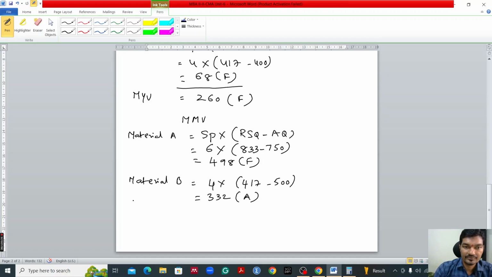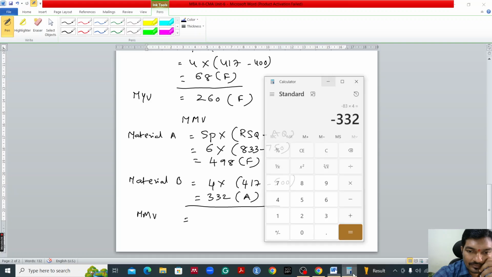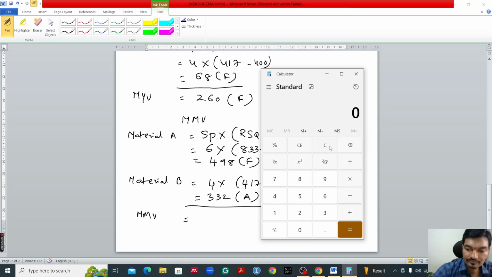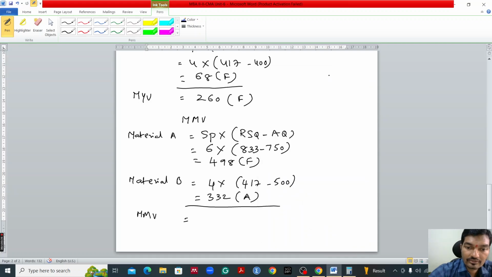Finally, the MMV, material mix variance, is 498 favorable and negative value 332, and the answer we got is 166, which is positive, favorable.